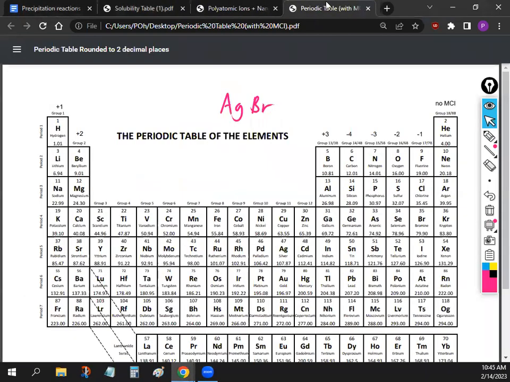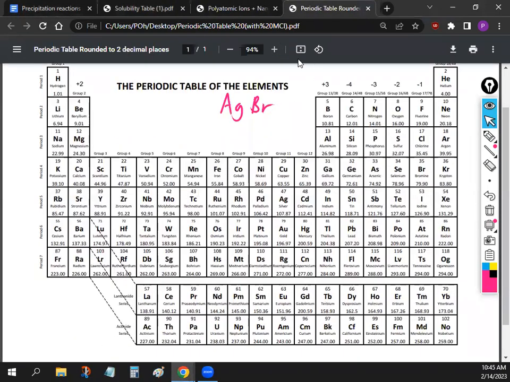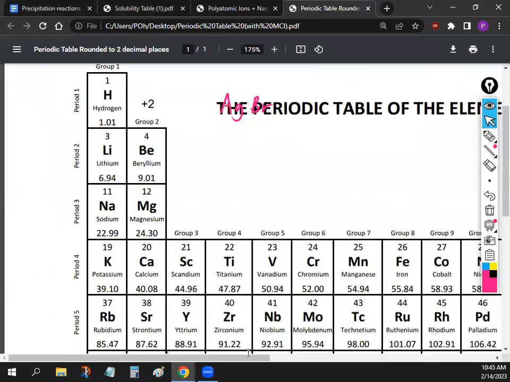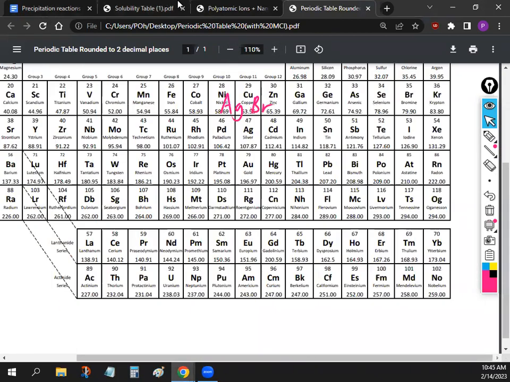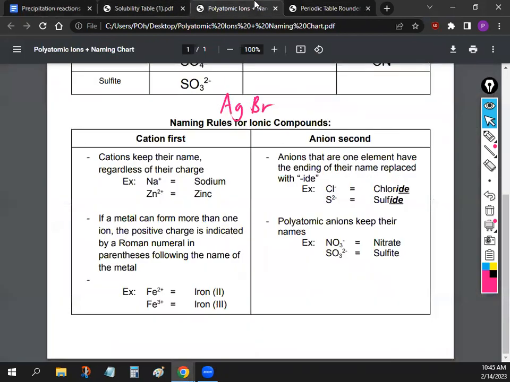So if we go to the periodic table, what element is Ag? Silver. Good. So AgBr, we're going to start by writing the name silver. Now we have to double check if silver follows this rule right here or this rule right here.